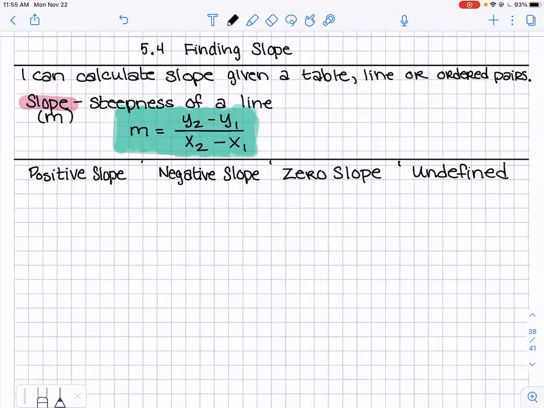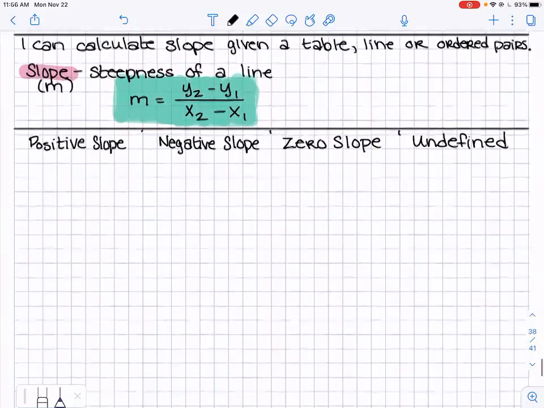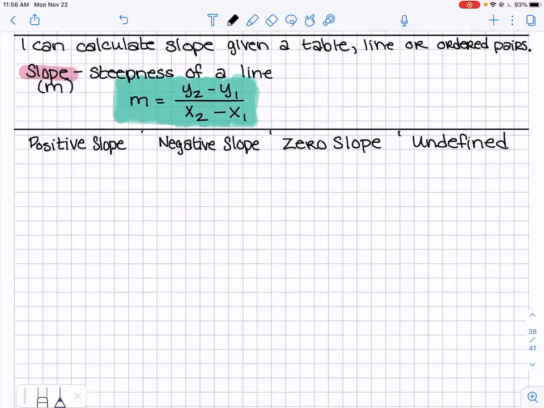Okay, so there are 4 different types of slope, and these are the 4. We're going to draw a picture for each one of them. So go ahead and draw some coordinate planes for yourself. It doesn't have to be exactly the same as mine.